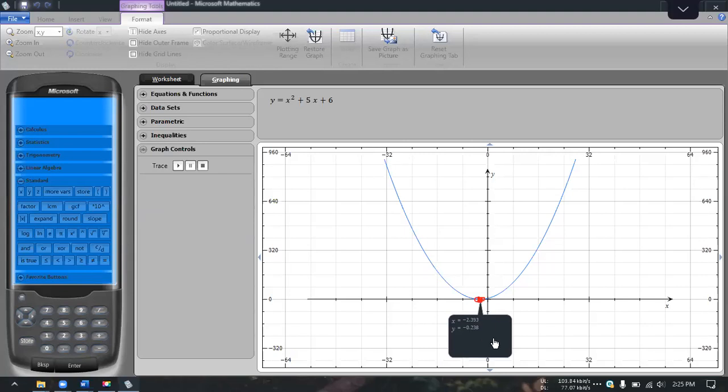Paki-zoom na lang sa mga smartphone and sa inyong computer. So our range must be all set of y such that y is greater than or equal to negative 1/4. So all values of y equal to negative 1/4 and or above. All of this. So yun yung magiging range natin.